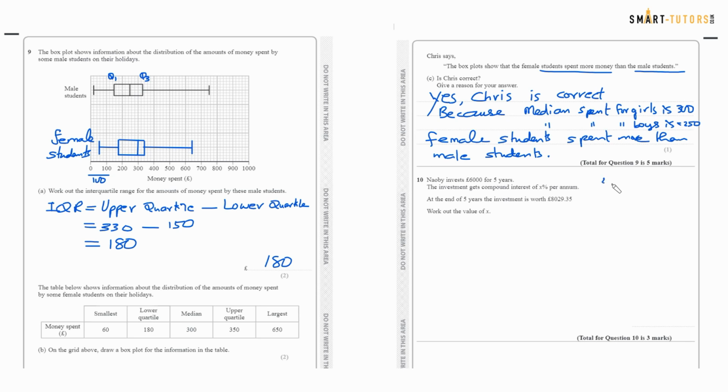For this question, X% is the compound interest, the initial amount is £6,000, and n, the number of years, is 5. And 8029.35 is what you receive at the end of the 5 years, so that is the total money you receive.